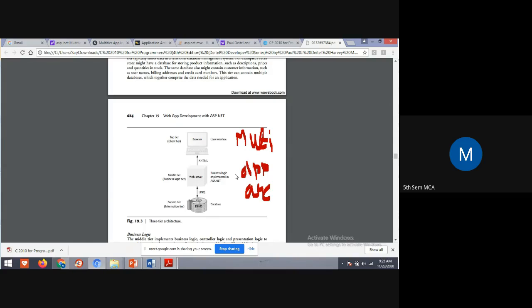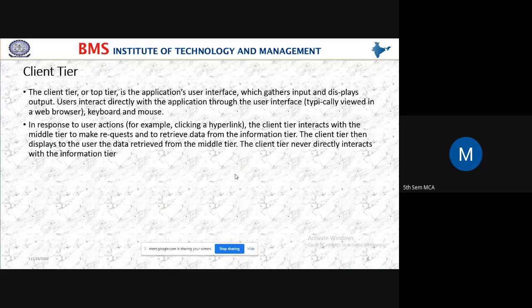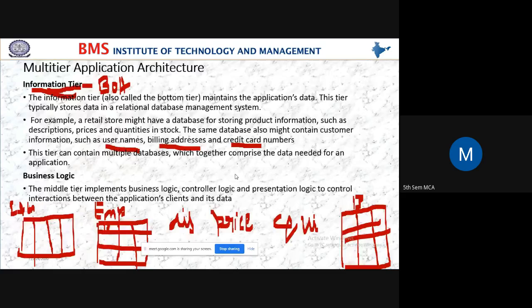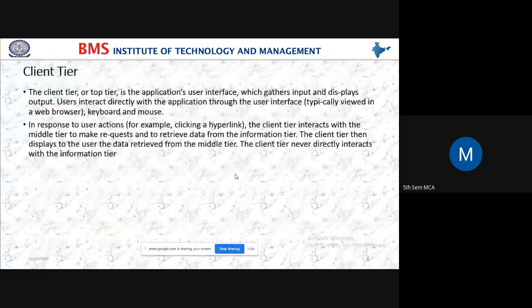So when I ask Google the full form of DBMS, it should give the correct full form, not a wrong one. If it gives a wrong answer, then definitely we are not going to access it next time. This we saw in the last class: the information tier, business logic tier, and client tier.